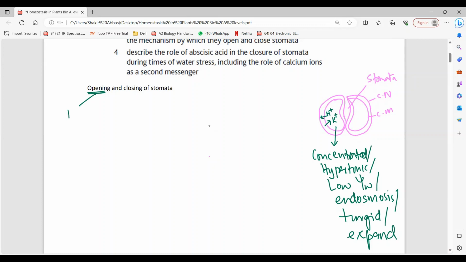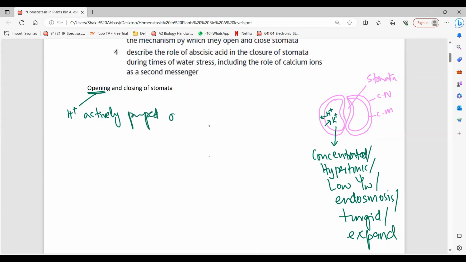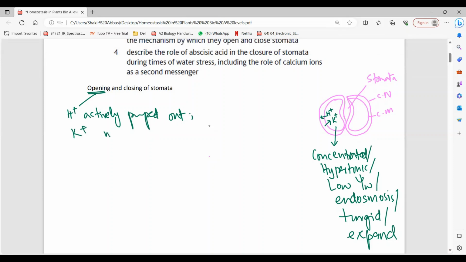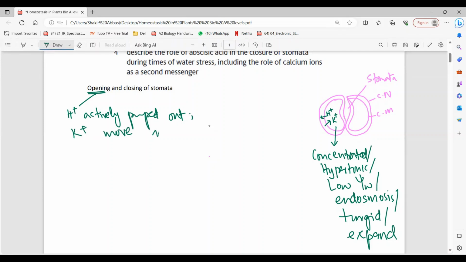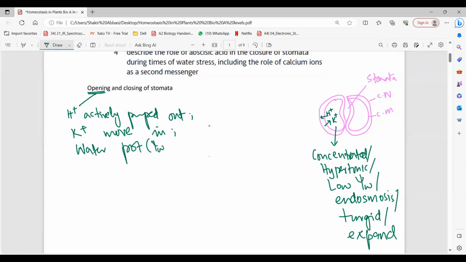Number one, hydrogen ions are actively pumped out. Then potassium ions move in, they rush in. Why? Because inside is negative. And then inside guard cells, water potential is lowered.